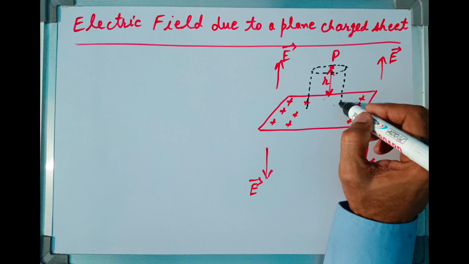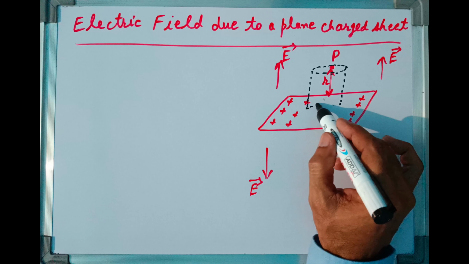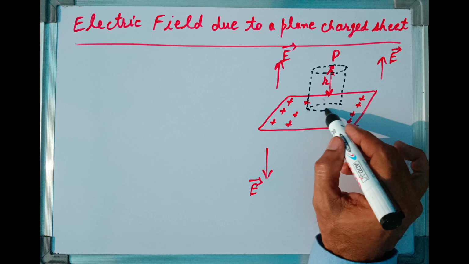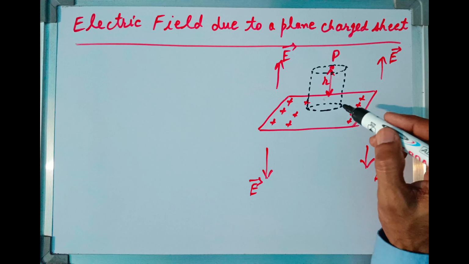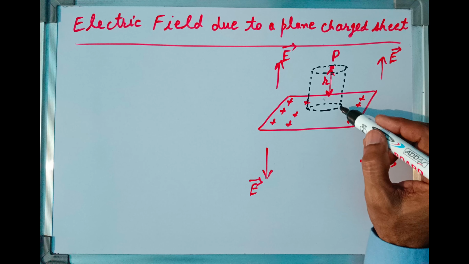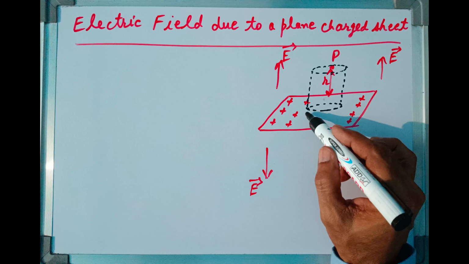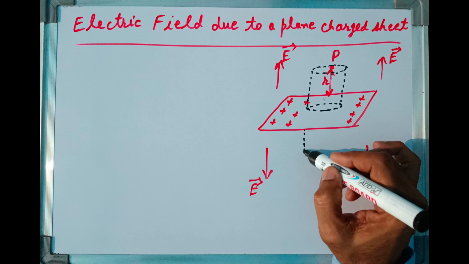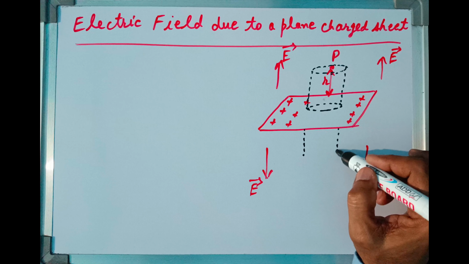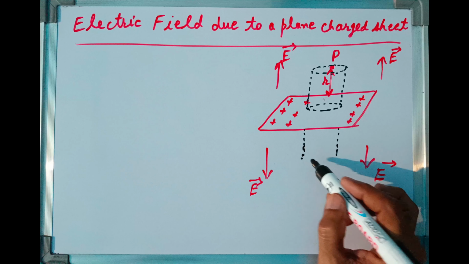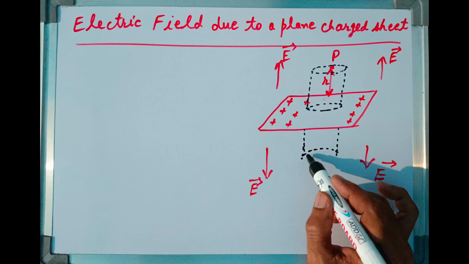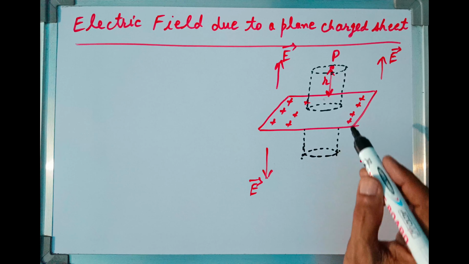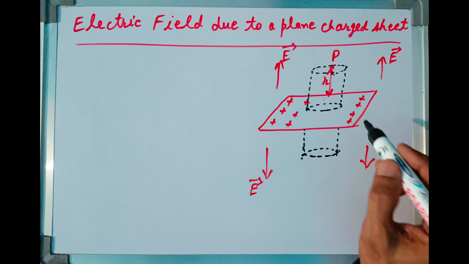and symmetrical about this sheet of charge. Means half of the cylinder will be taken above the sheet and rest half will be taken below the sheet. So the cylinder is supposed to be bisected at the position of sheet.